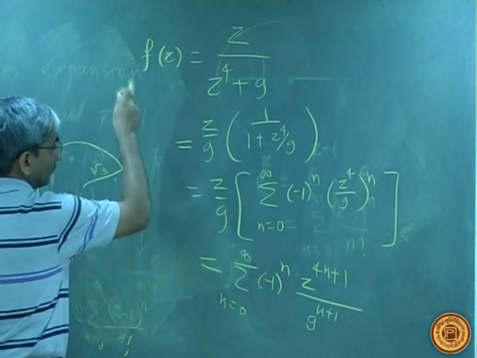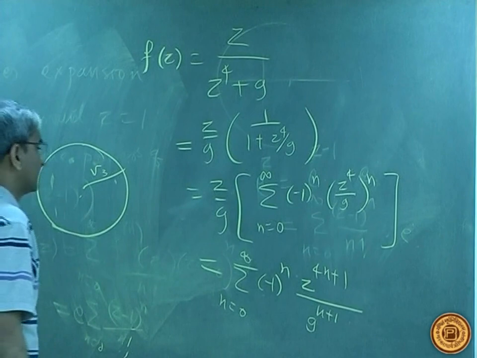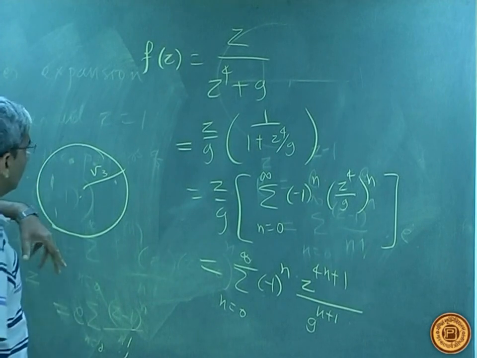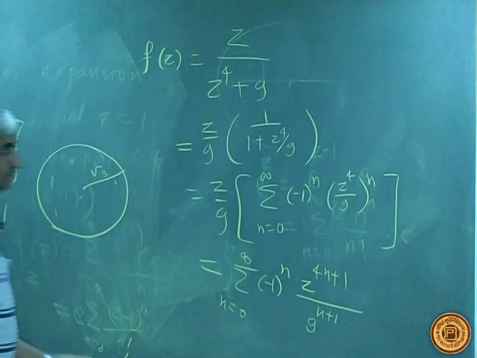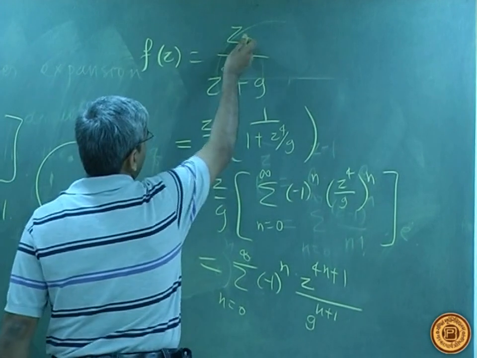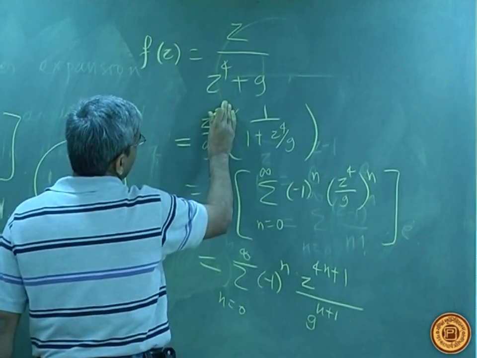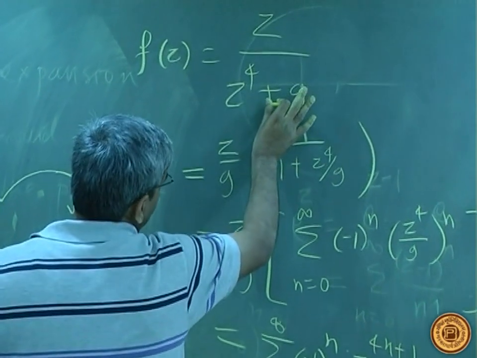So this rational function you have written as a power series in a certain neighborhood of 0, because this is in powers of z. Remember, you have a rational function, that is polynomial upon polynomial. So it is not a polynomial, you have some non-trivial denominator.